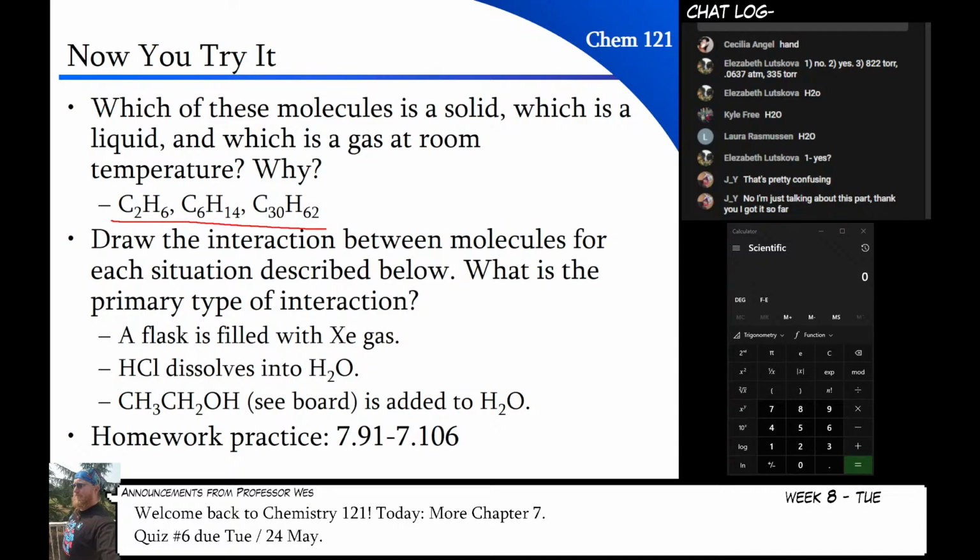And you know that the stronger the interactions, that will affect what phase the molecule is in. So if the interactions are extremely strong, what phase will the molecule end up as? What if the interactions are extremely weak? What will you get there? So I want you to tell me which of those is the solid, liquid, and gas at room temperature. Type that in the chat. We'll go over the answer, and then we'll call it a day because we're out of time. So I'll give you like 1 minute to try that.